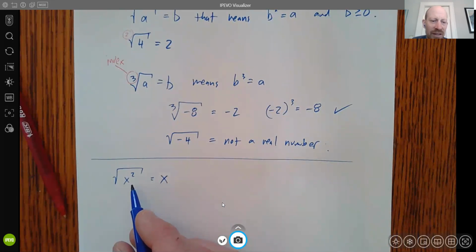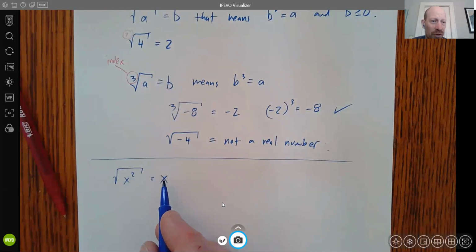The problem is I don't know if this x is positive or negative, and I said that the square root should always be a positive number. I could write the same expression if x was negative 3. This would say that the square root of negative 3 squared is negative 3, and that's not true. This should always be a positive value.